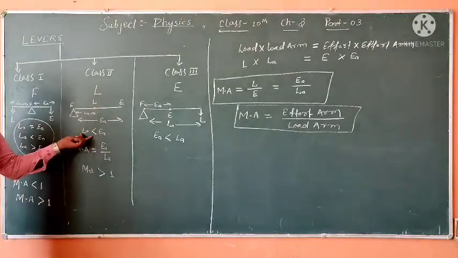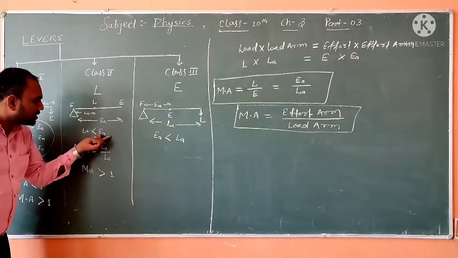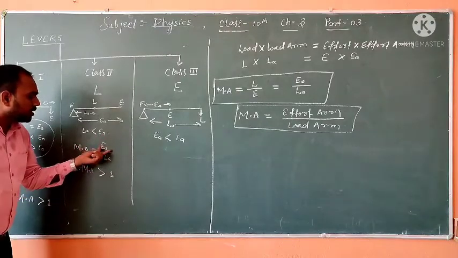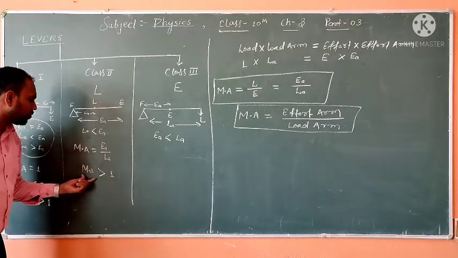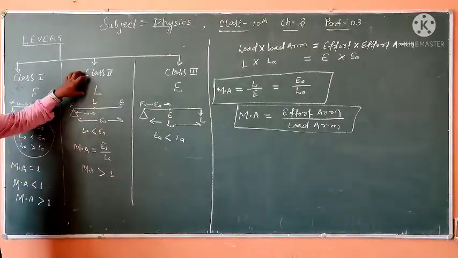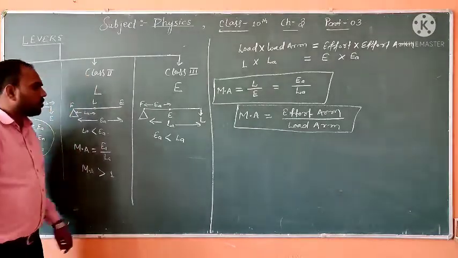Because here the load arm is always less than the effort arm, after dividing the effort arm by the load arm you will always get greater than 1. So the mechanical advantage of class 2 lever will always be greater than 1.